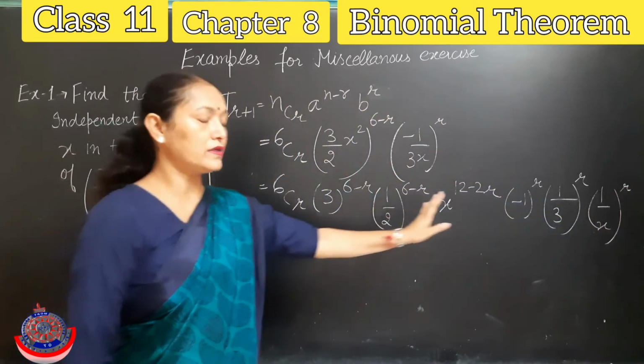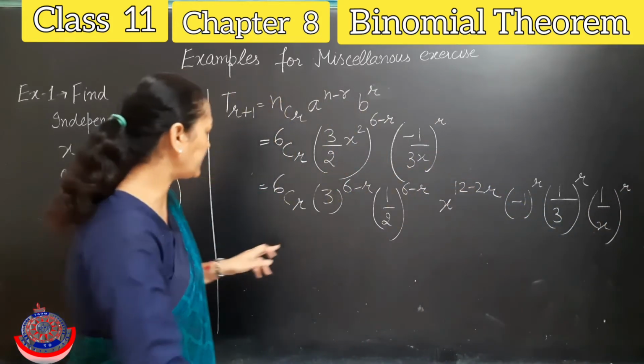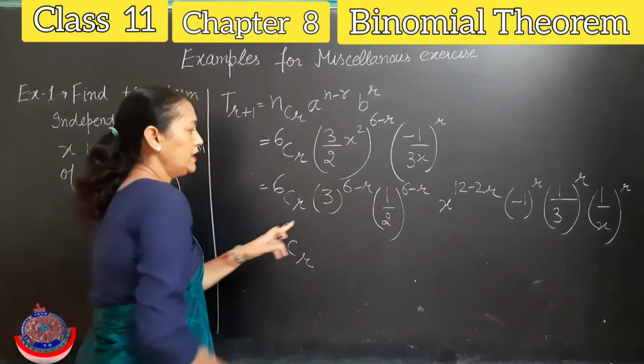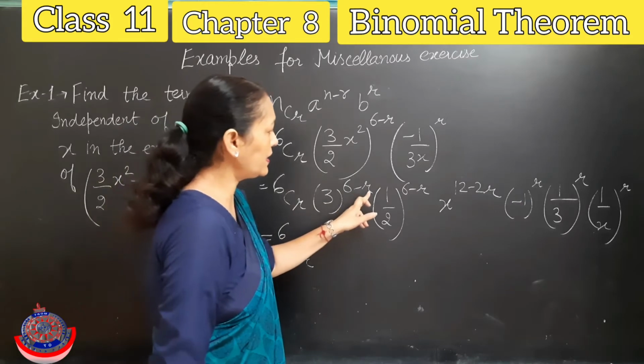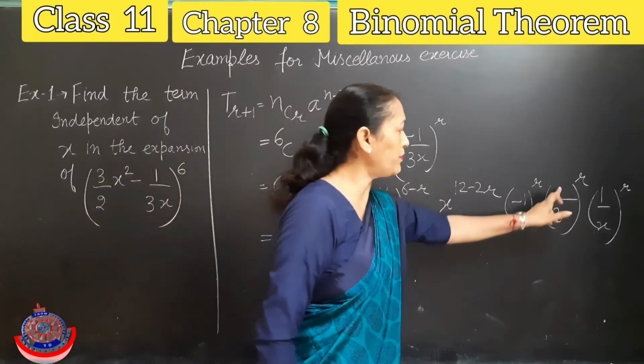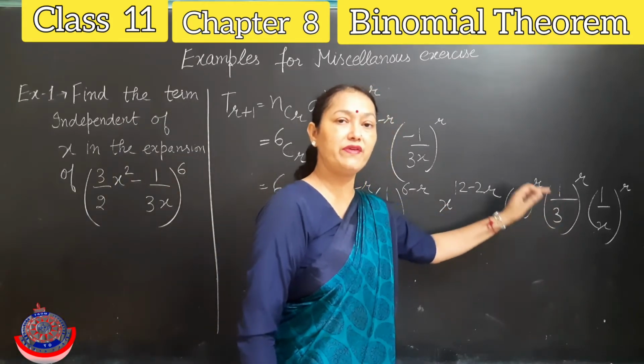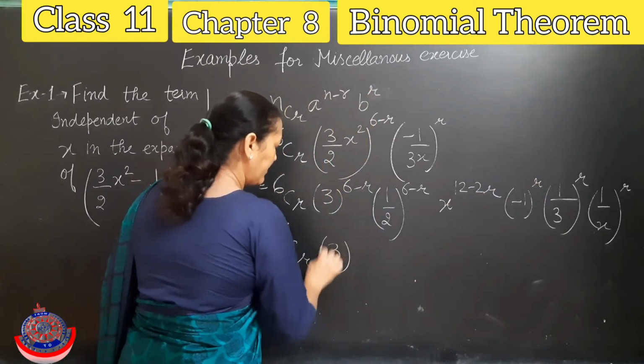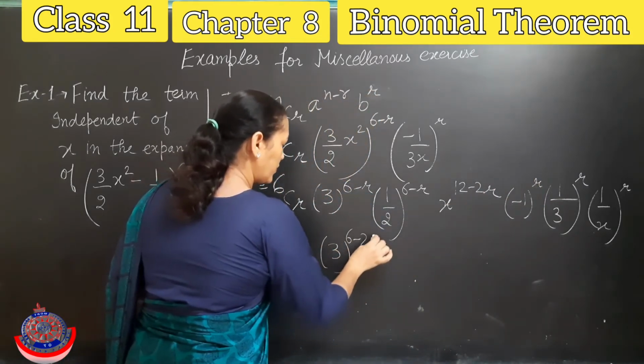I've opened all the terms. Now if we combine like terms, 3 is having 6 minus r, here 1 upon 3 power r means 3 is having minus r. So 3 will be having 6 minus 2r.